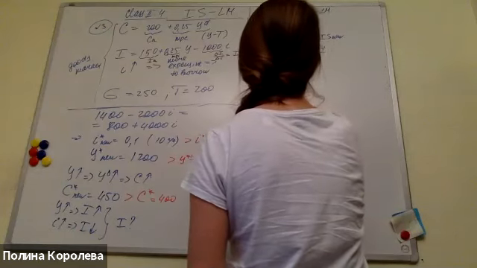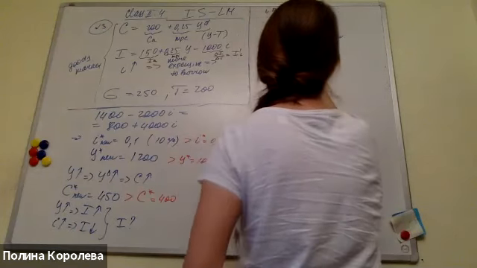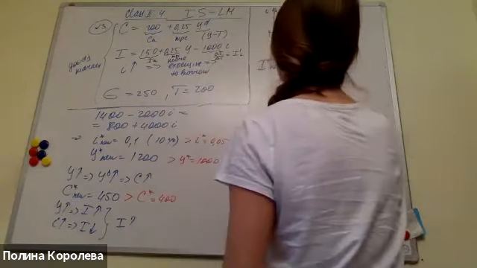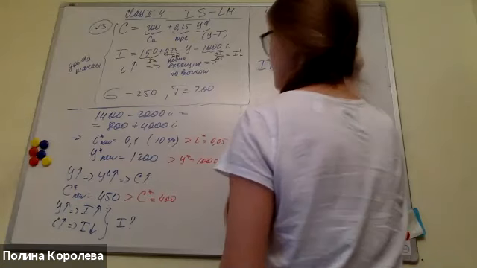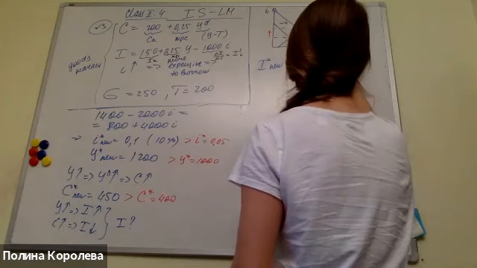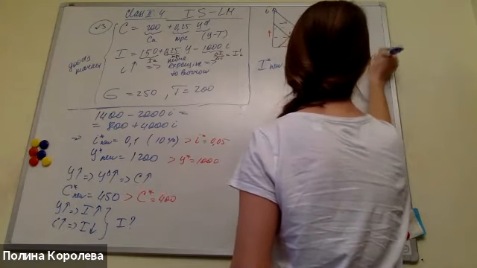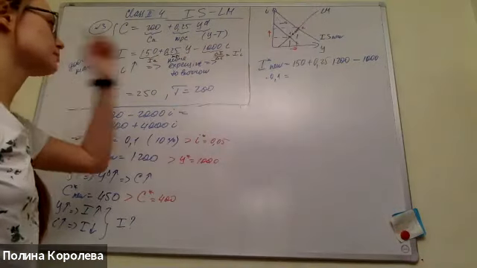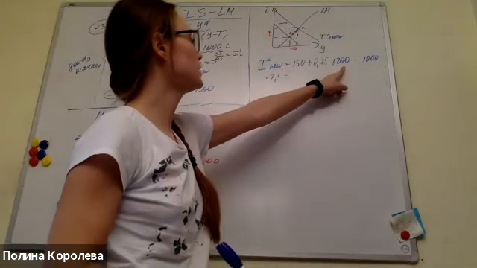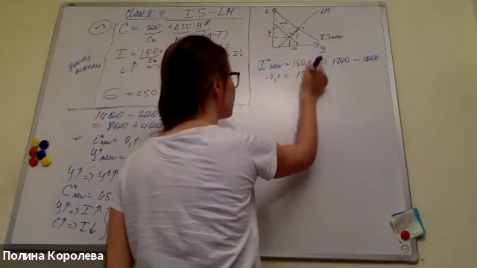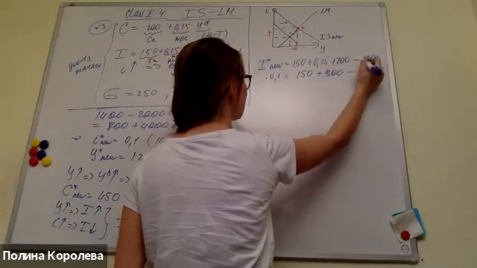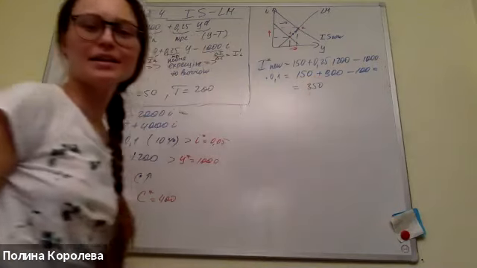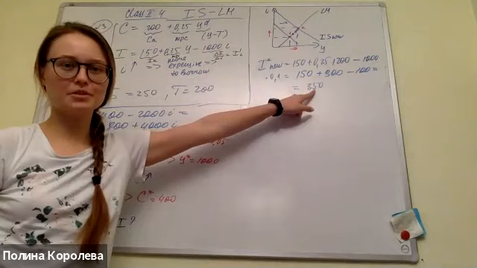With 150 here, 300 minus 100. It is 350, and I think it was 350 also.